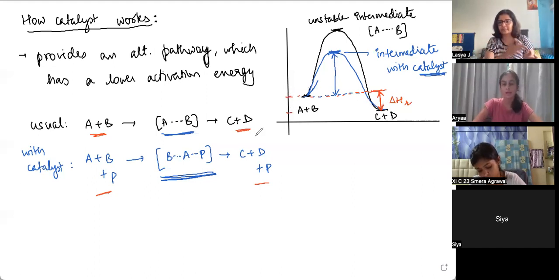Yeah, that I got. So same thing for the intermediate. To facilitate the forward reaction, the intermediate needs to have a certain amount of potential energy, and that energy we say threshold, right?